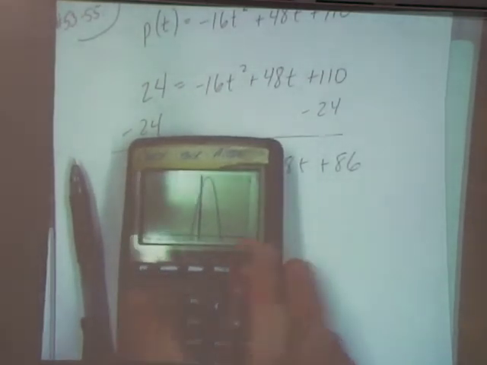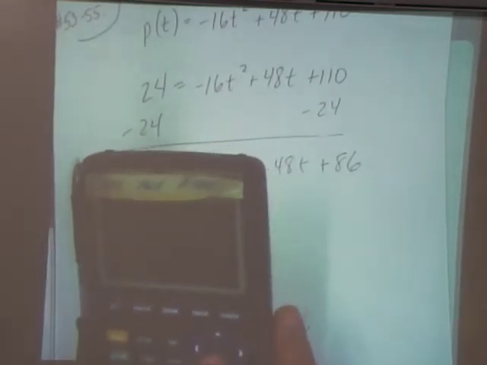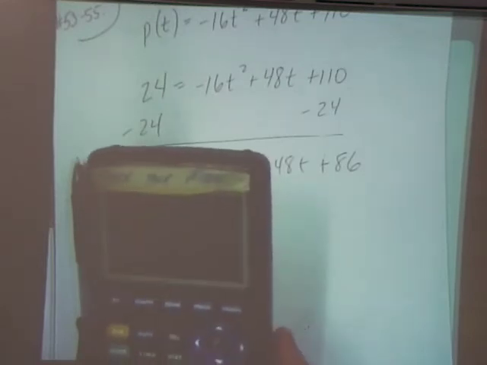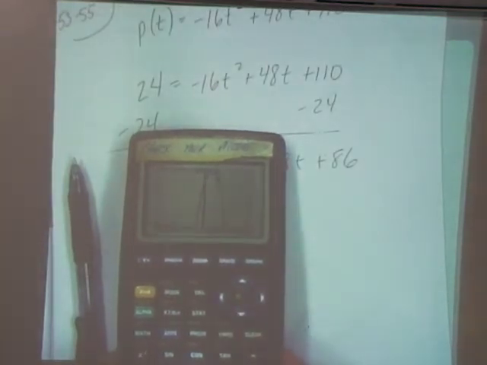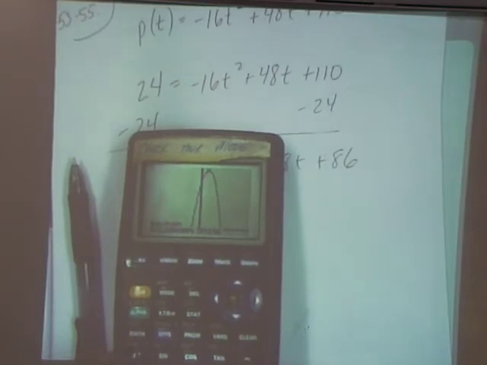So now, second calc, maximum, left bound. The original equation, and then what? Graph? 146? I can't see it. I know, we changed the window like 3 minutes ago.